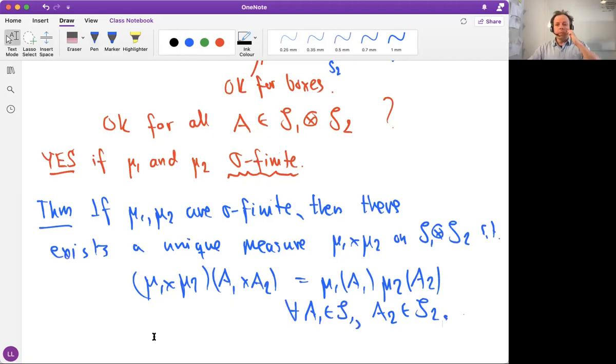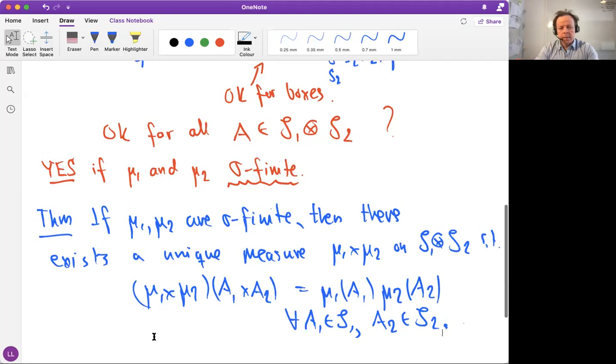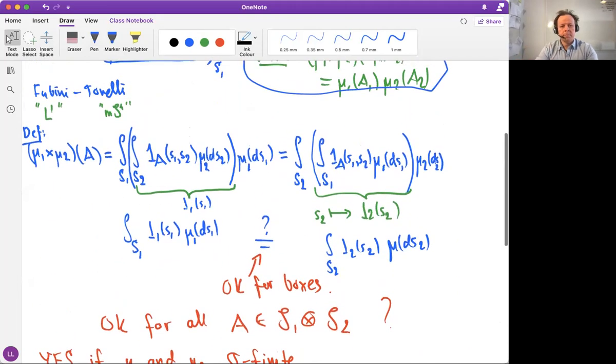That's the theorem about the existence of a product measure. So product measures always exist for sigma finite measures. The existence is proved by defining the measure in this way, and then proving that yes, it's a well-defined map, and that we already discussed that this is well-defined.